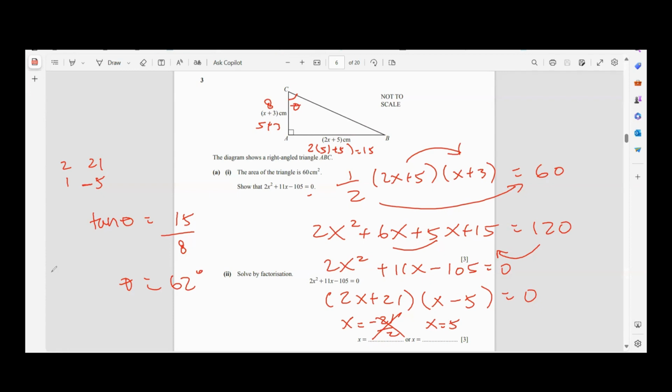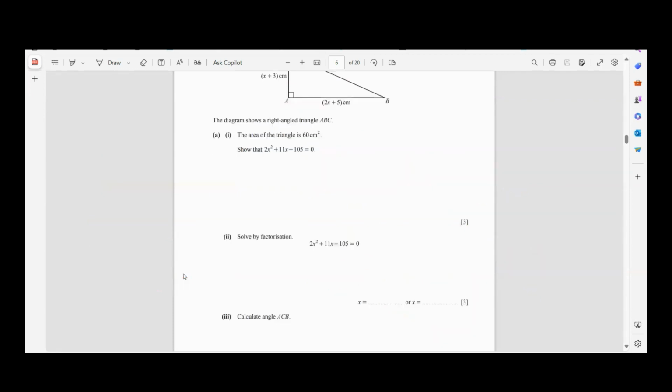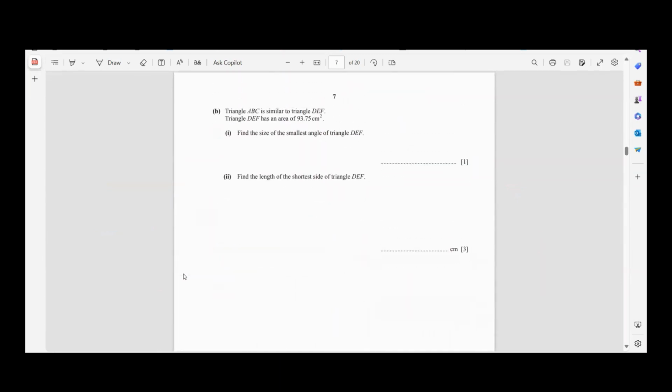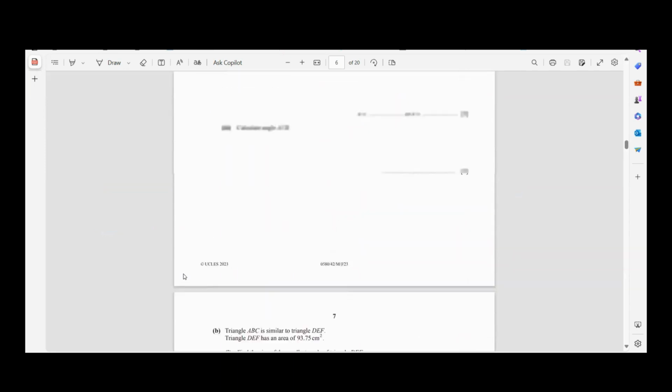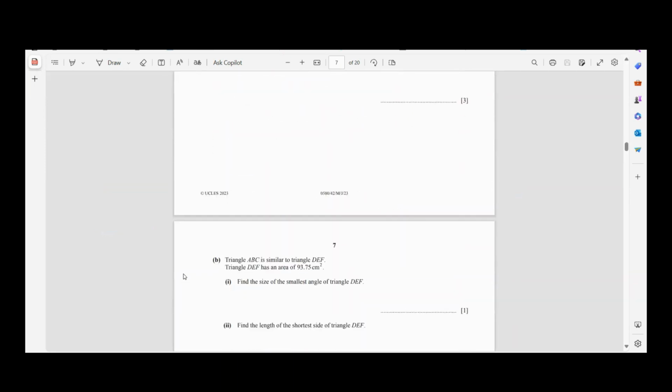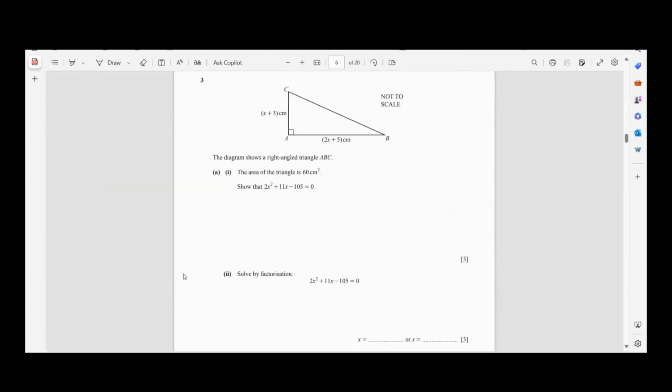And now we go to the next one. For the B, triangle ABC is similar to DEF. Oh, okay, I think I have to draw it first. CAB, this is just now it is 10, this is 8, this is 62 degrees.